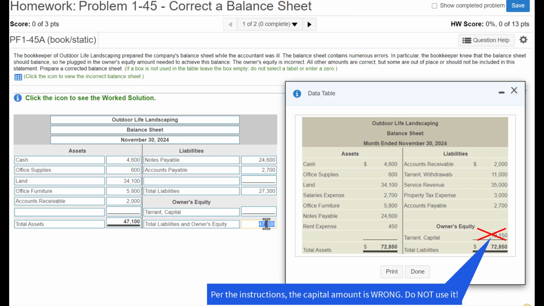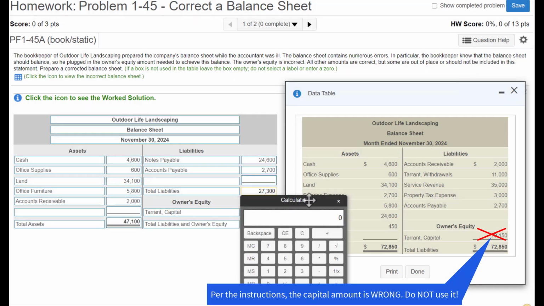So now we have to do some math. Remember, this number is liabilities plus owner's equity. So 27,300 plus what is 47,100. So we need to subtract those two numbers.